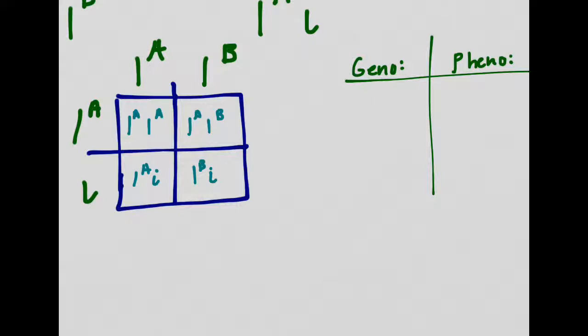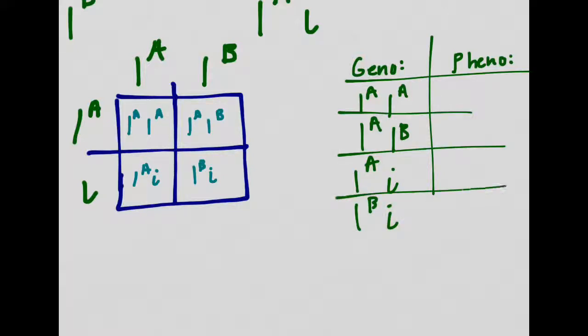Let's write out the possible genotypes and phenotypes. We have individuals that have capital I A, capital I A, capital I A, I B, capital I A, little i, and capital I B, little i. And what do these all make?